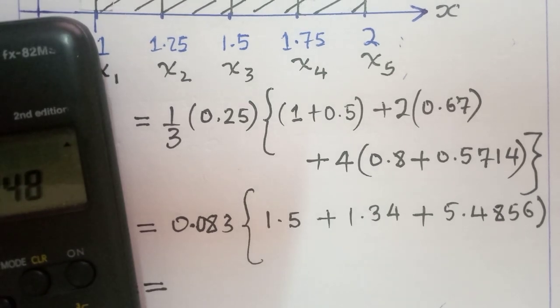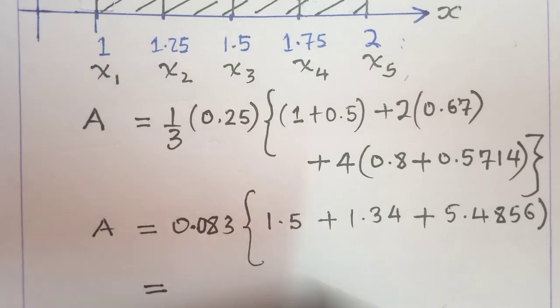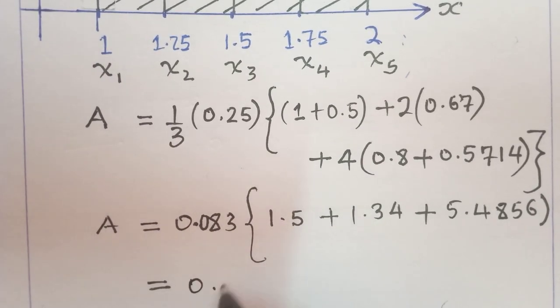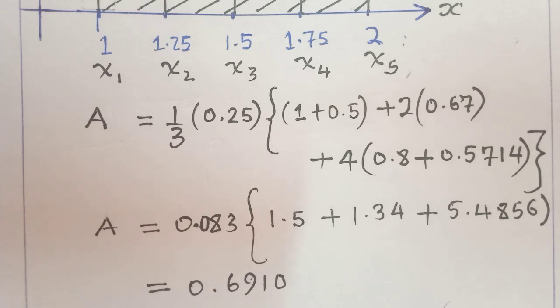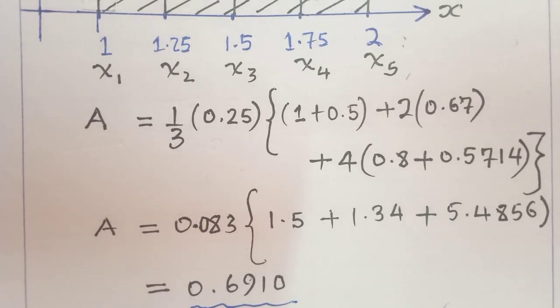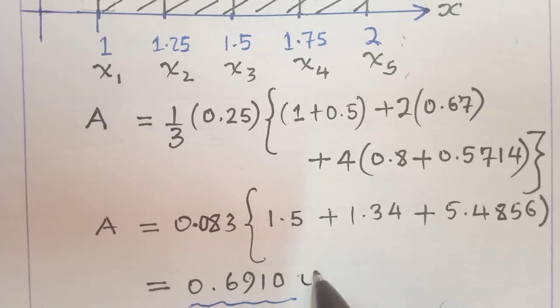So this one gives us 0.6910. So guys, here lies our solution. Maybe we can write it in units square because we are not given the units.